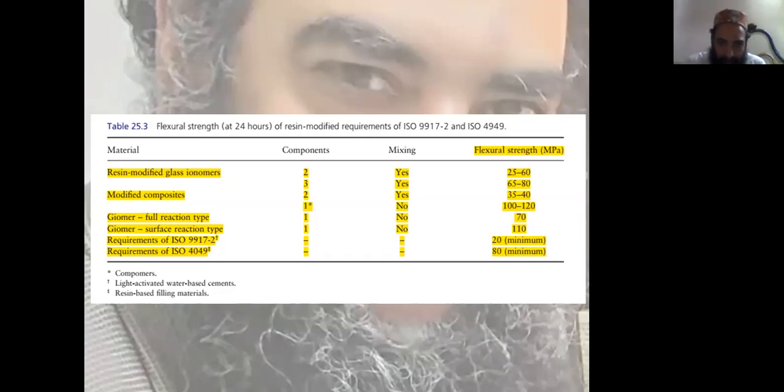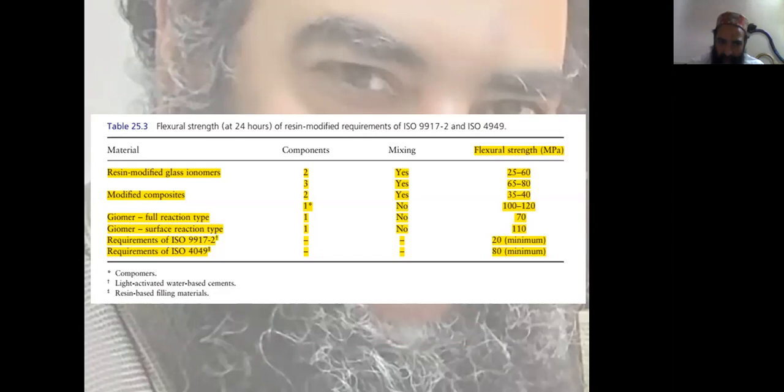And these are the compomers. Now giomer full reaction type, as both giomers are single components, so no mixing required. Full reaction type having already described low flexural strength. Surface reaction type having more flexural strength.